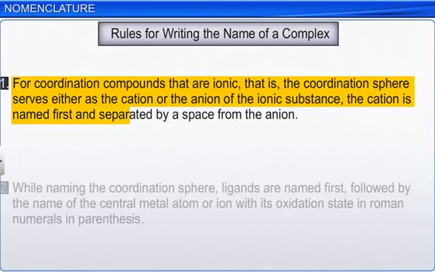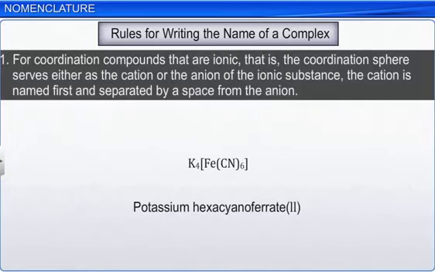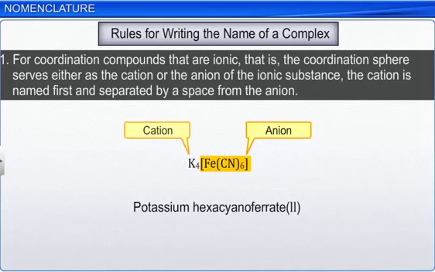For example, in the complex K4[Fe(CN)6], where the coordination sphere is an anion, the cation, potassium, is named first and separated by a space from the name of the anion.